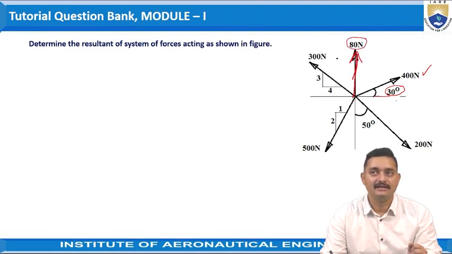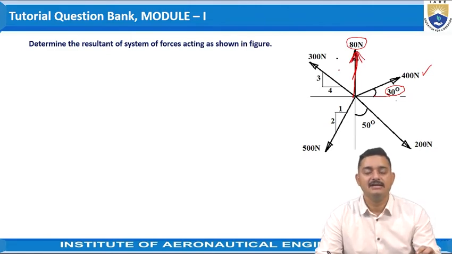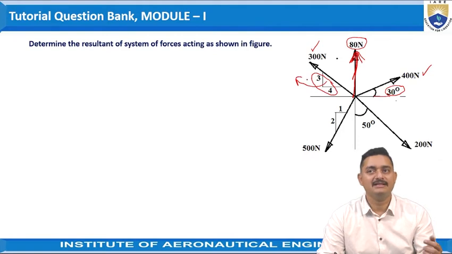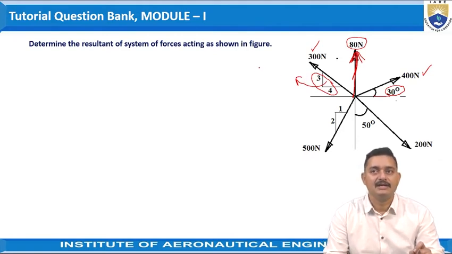Then this 300 Newton force is acting at an inclination given in the form of a right angle triangle. We can simplify this to obtain the inclination using trigonometric ratios. The sides of the right angle triangle are given as 3 and 4.